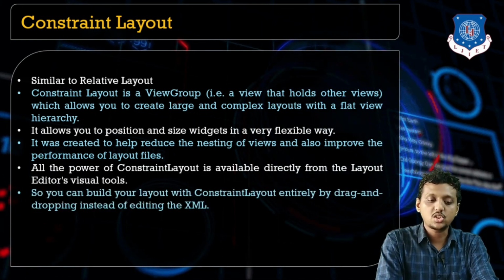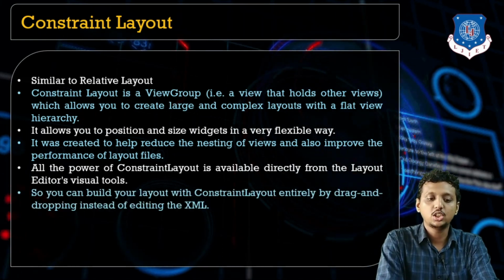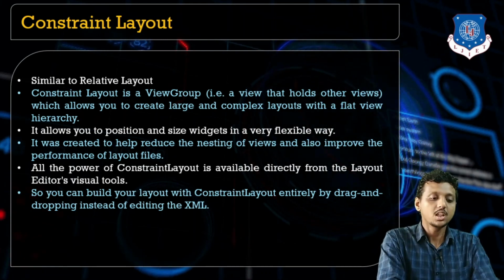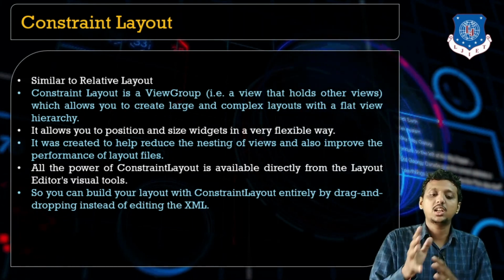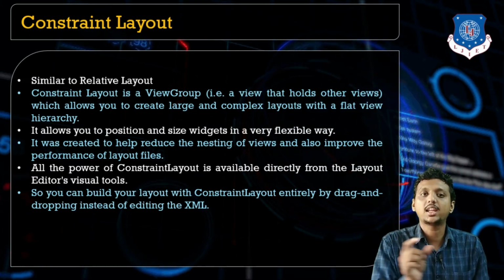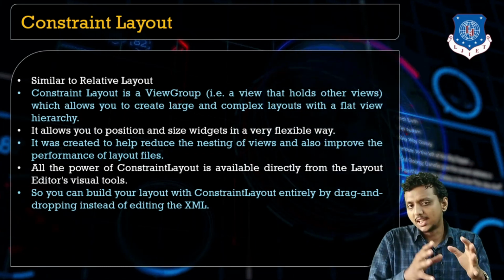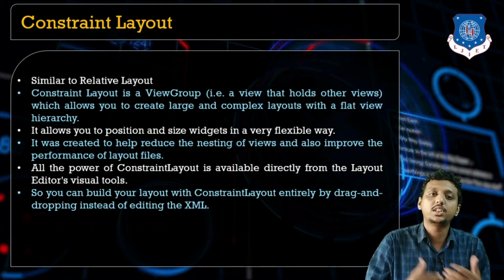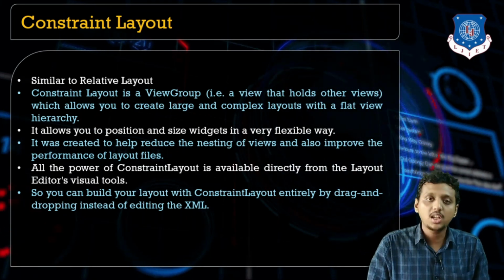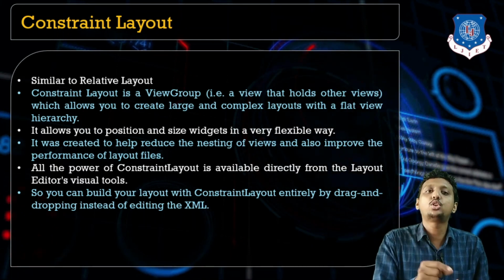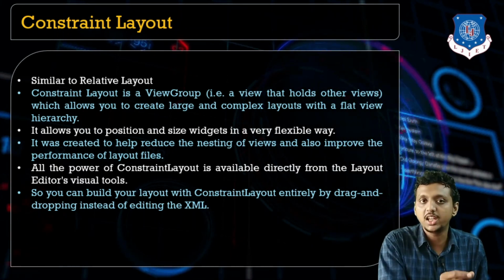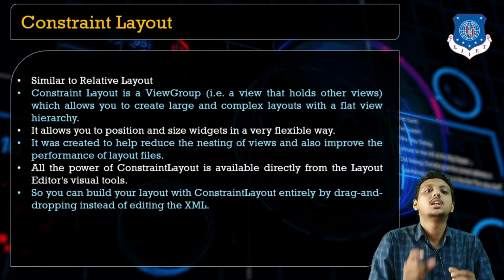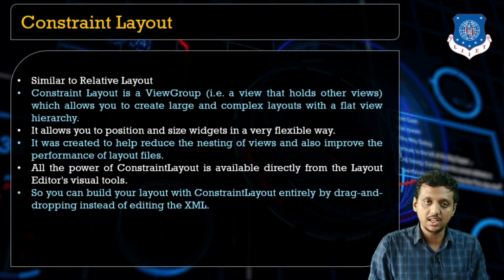The power of the constraint layout is that it is directly available from the layout editor's visual tools. So you can build your layout with the constraint layout entirely by drag and drop functionality. Students, we write the code for the linear layout, we write the code for the relative layout, but as far as the constraint layout is concerned, you can directly put your view components or widgets from the widget panel onto the entire activity screen and just set the constraints and utilize it very well.